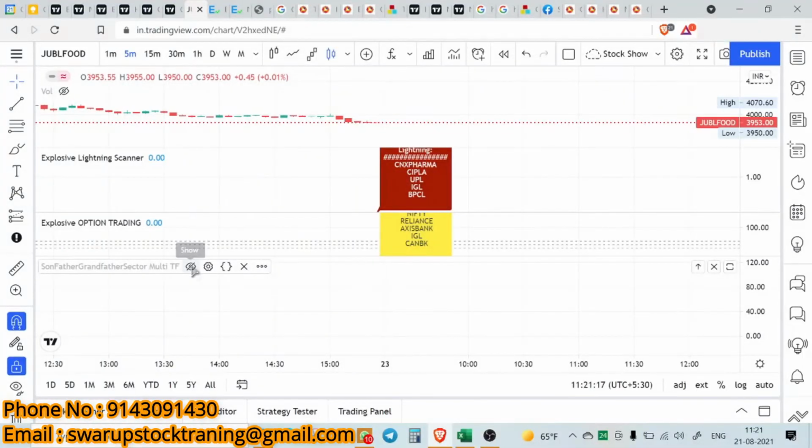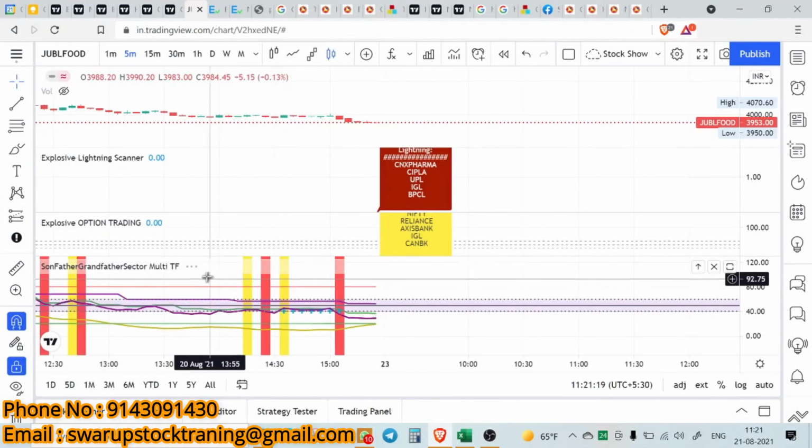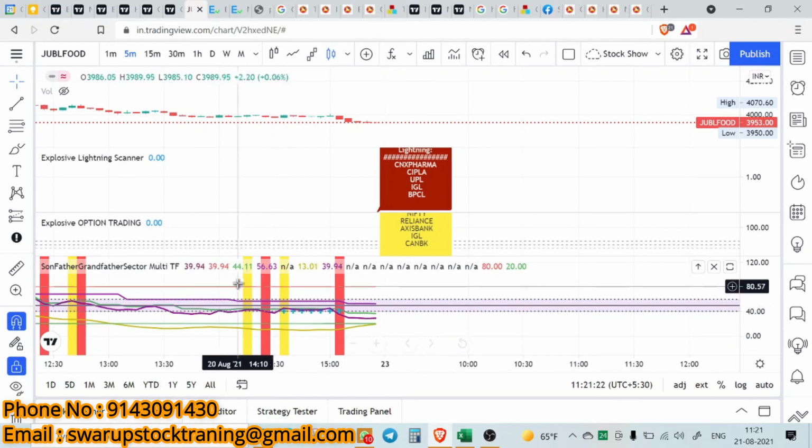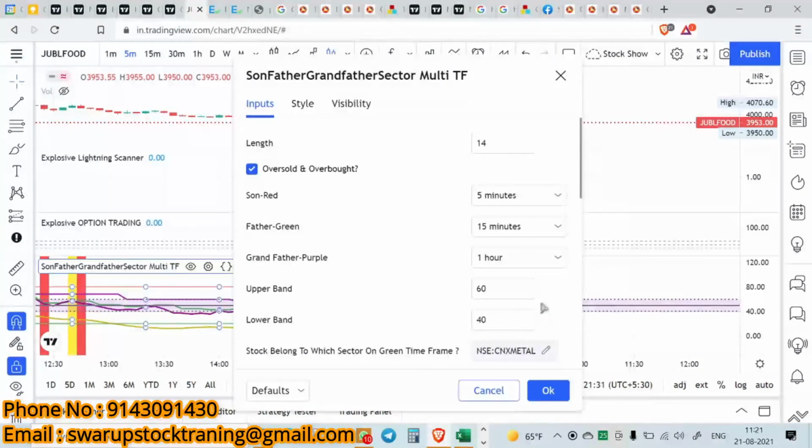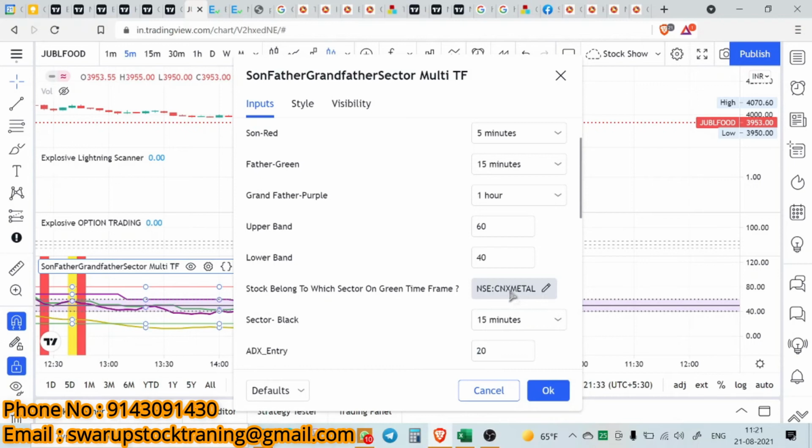And this is our famous father, grandfather, son, RSI and ADX. All those things are combined together. You will not get it in the market. Everything is combined. You can always change the sector.